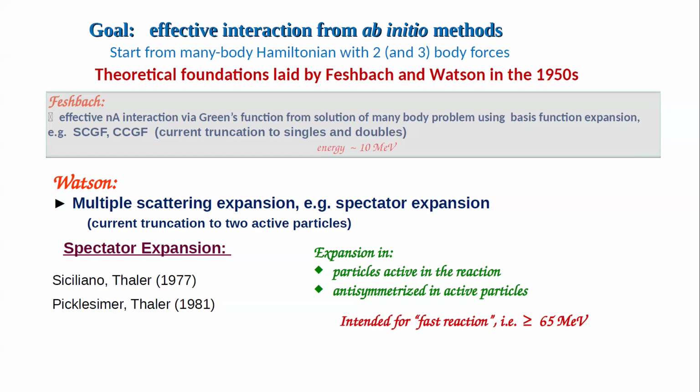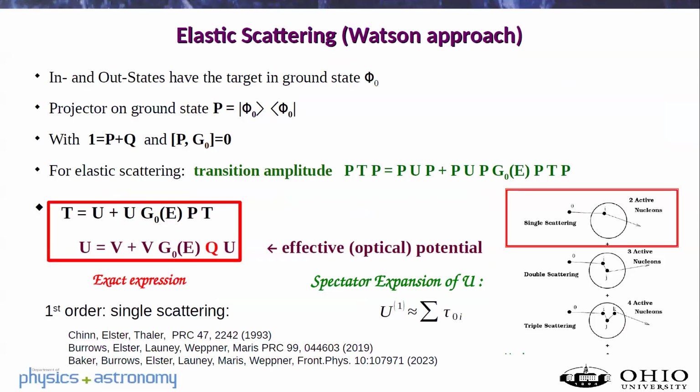Going forward from that, the idea is the following, and I sketched this very briefly. I have a backup slide if somebody wants to know more details. Basically, if you want to do elastic scattering, you have to formulate your P space, and for the P space, I project on the ground state. So my Hilbert space looks like 1 equals P plus Q, where Q contains all excitations, all knockouts and everything.